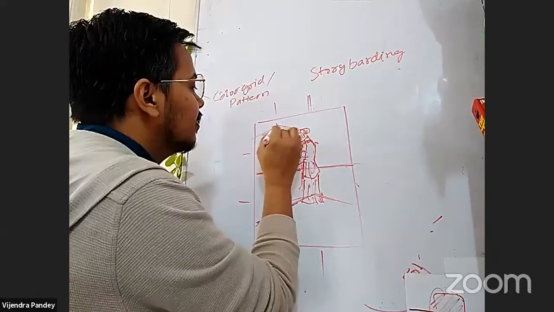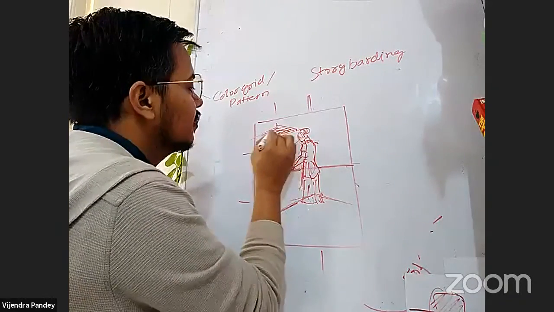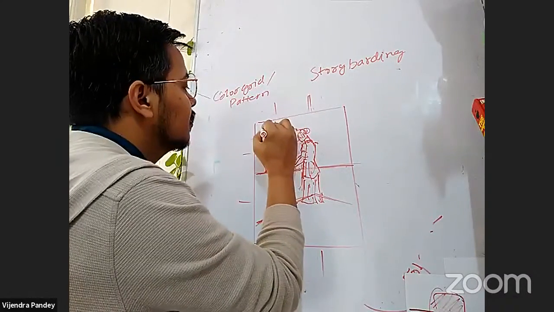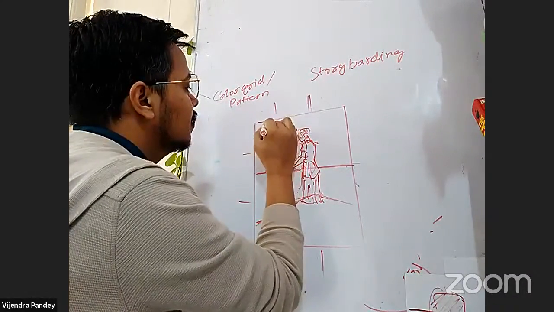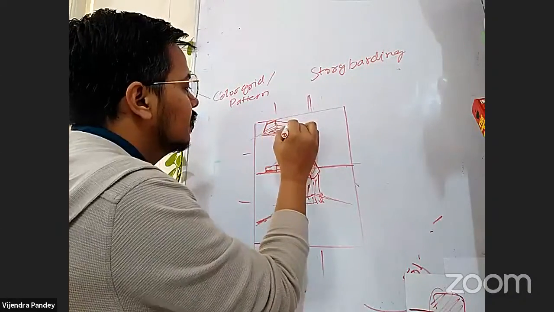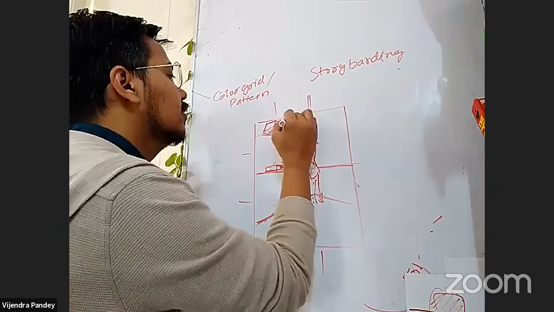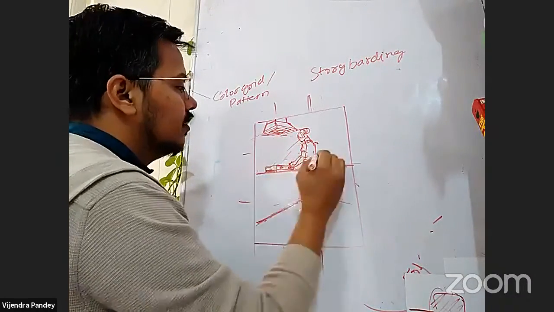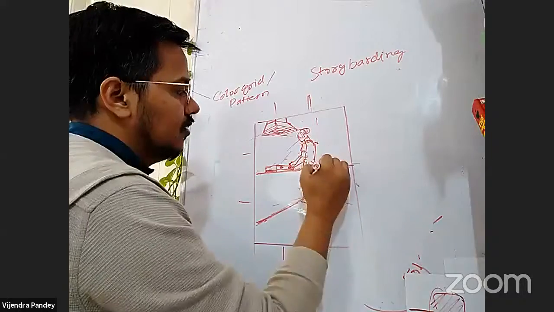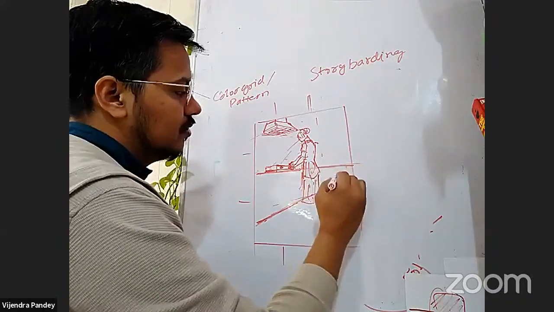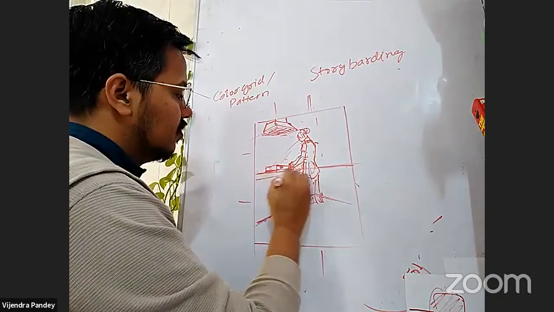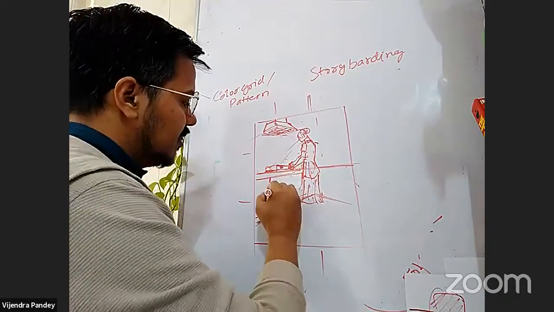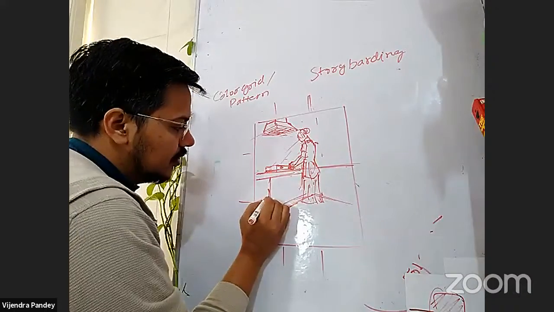Make the chimney here. That chimney goes like that. And in here, first of all, draw some cupboards right here with handles.